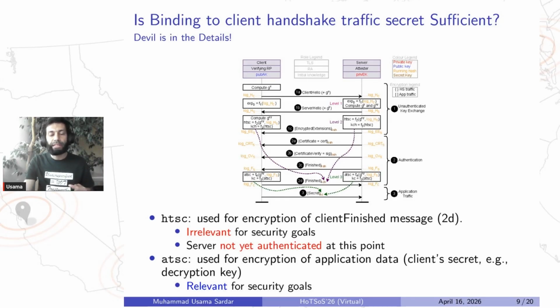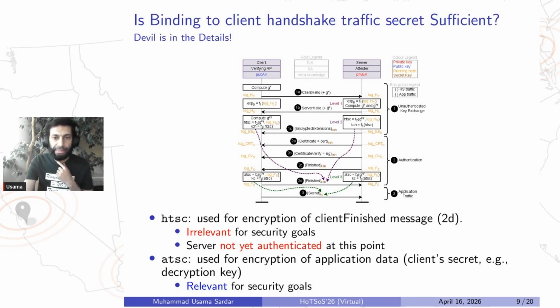So the client doesn't care about this thing. That's why I write irrelevant for security goals. Even if you remove all the encryption, shown here in this figure as the small brown things, the KCH, KSH, even if the server and the client do not encrypt these messages, nothing breaks from security. They are for privacy and not for security.